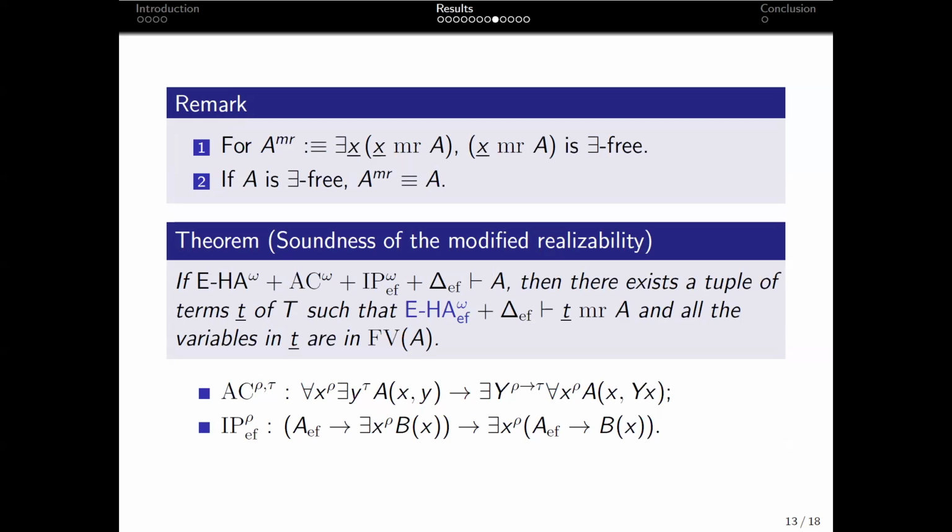Here, AC is the functional existence axiom in all finite types, and IP is the independence of premise principle for existential-free premises. And my point is that for the verification of this soundness, our existential-free variant is enough. Actually, the extracted term is the same as the usual Gödel's T.